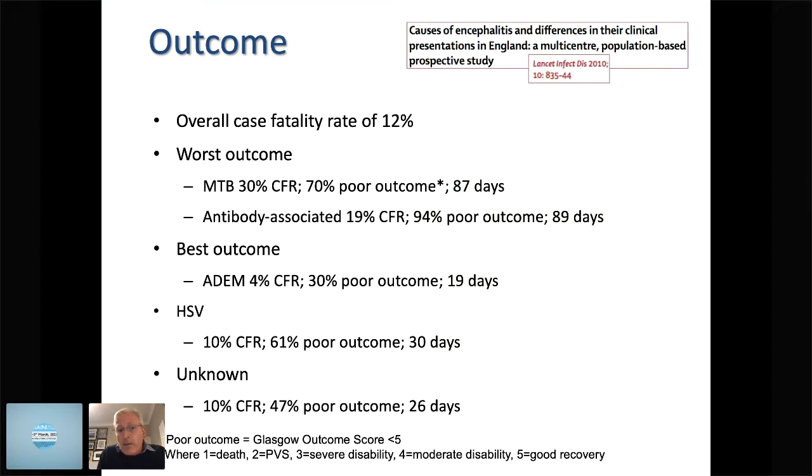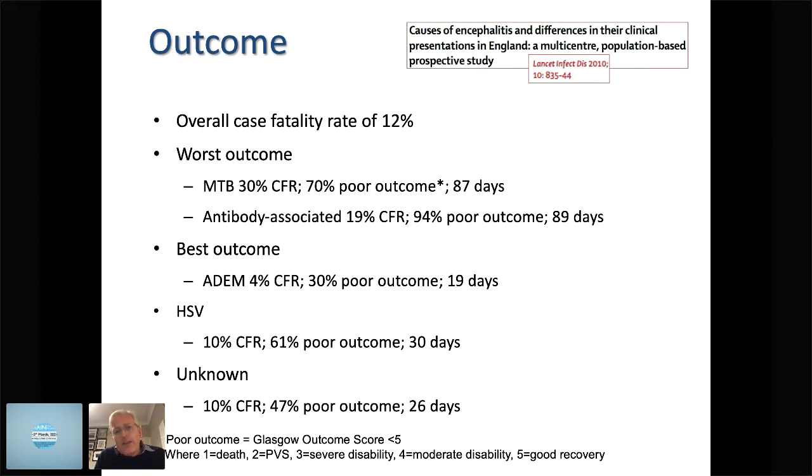The best outcome was in persons suffering from ADEM. In patients with HSV encephalitis, so the commonest cause of acute infectious encephalitis in this cohort, 10% of patients died. 61% had a poor outcome, meaning a Glasgow outcome score of less than 5, so moderate disability or worse.